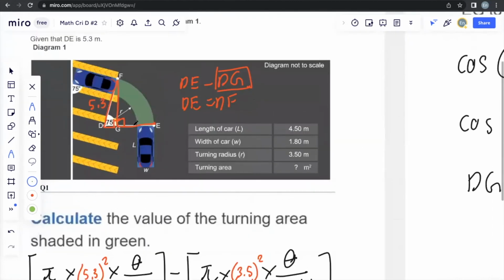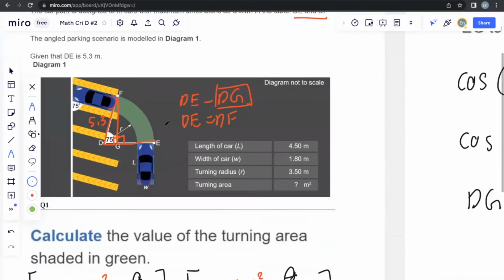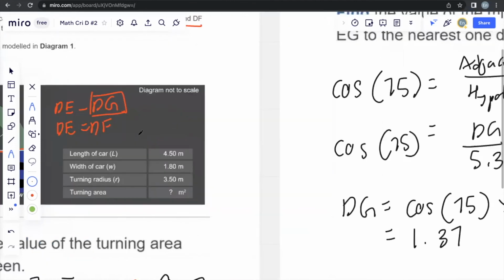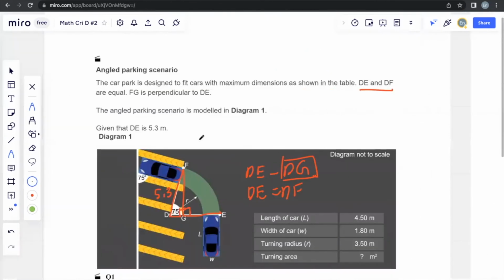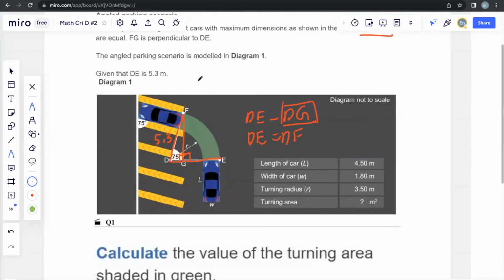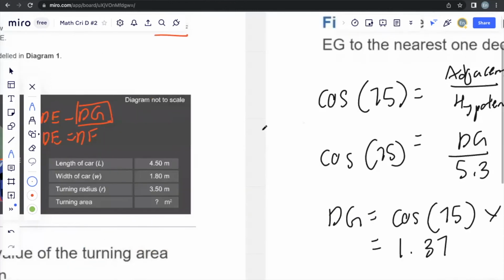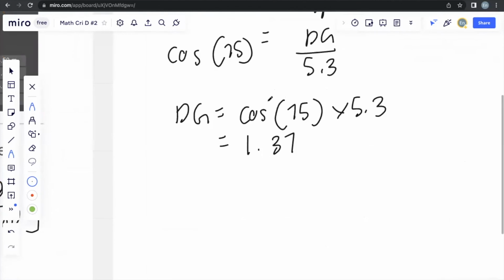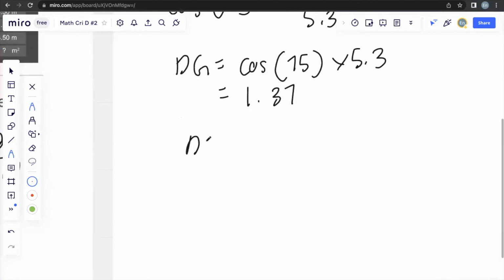And finally, to find the value of GE, which is what the question wants, all we have to do is subtract DG from DE. We already know DE is 5.3 and DG is what we just calculated, 1.37.